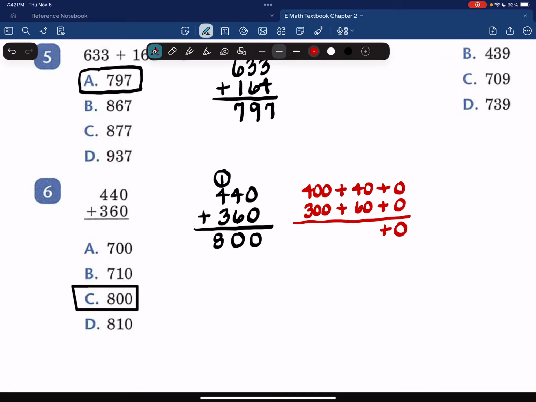We're going to have 100 in this column, and then 700 in this column. But then those two get combined because they're both flats. Okay, so that gives us 800. We didn't have any ones over there, so our answer would be 800.